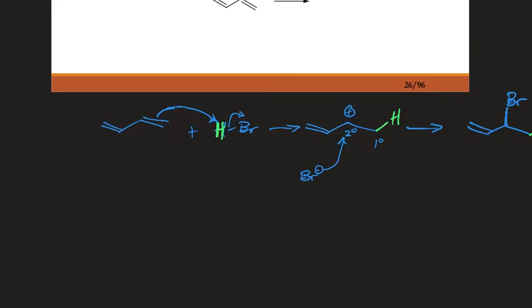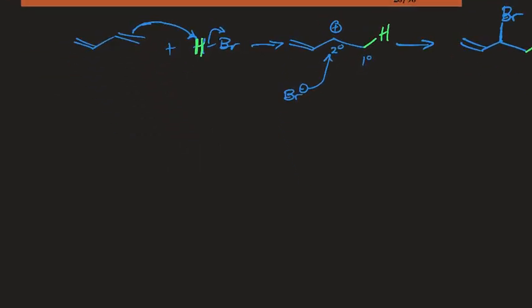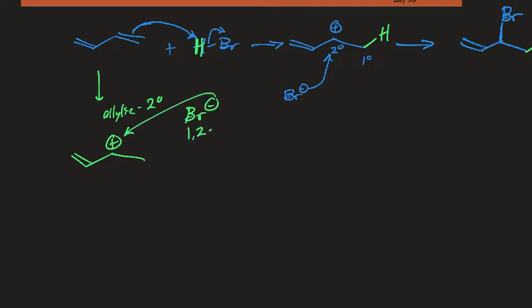But we do kind of want to consider the fact that there's an intermediate here. All right, you have this allylic, and it's a secondary carbocation. If the bromine were to add here, this is what we'd call a 1,2 addition.